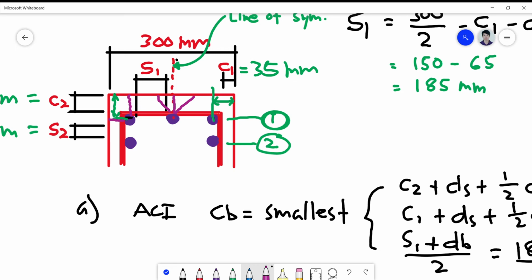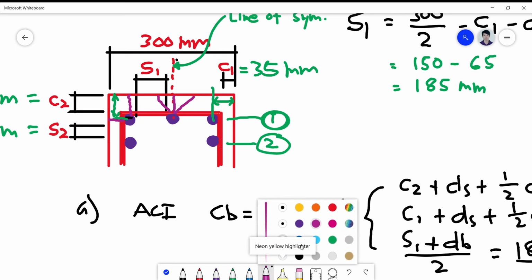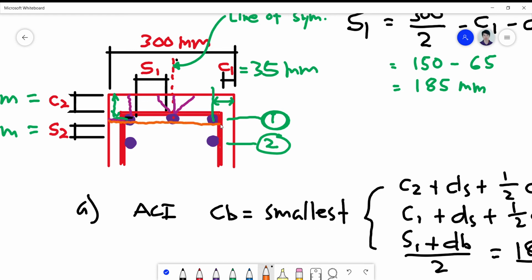But when you now consider a potential plane of splitting which is horizontal like this one, okay, so the area of the transverse reinforcement is equal to the area of the stirrup which crosses this splitting failure.